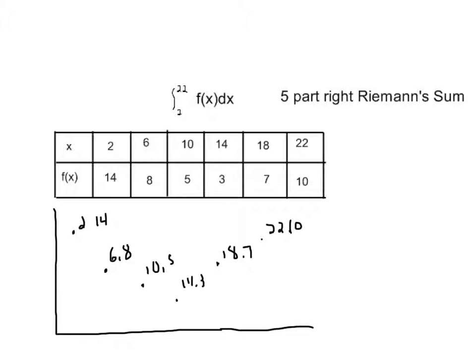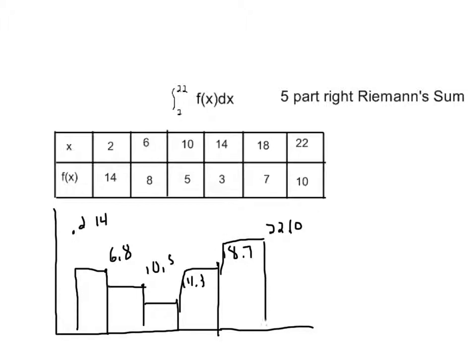The reason I want to draw those is because it really helps me identify the rectangles. So the first rectangle, we're doing right Riemann sum, so it starts there. The second rectangle, third rectangle, fourth rectangle, and fifth rectangle. And they don't need to be beautifully drawn, obviously mine aren't, but it just helps me visualize the rectangles.